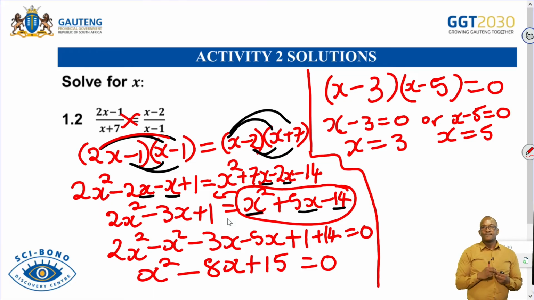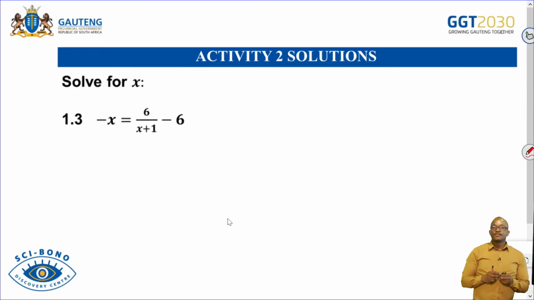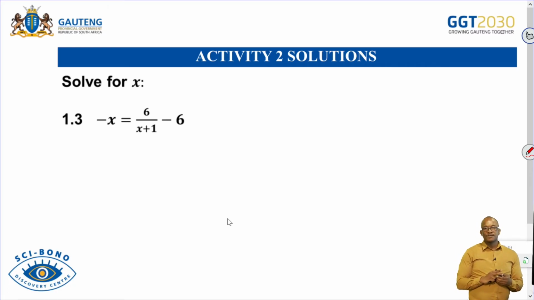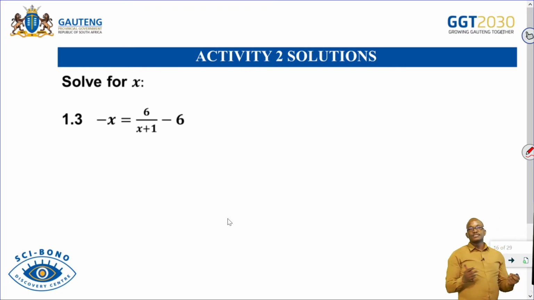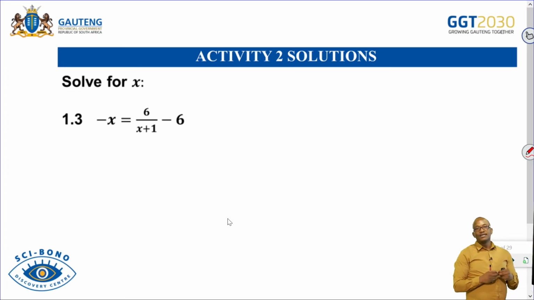Very easy when you're dealing with fractions, but you need to know how to get rid of your denominators. Looking into the third one, here we have negative x is equal to 6 all over x plus 1 minus 6. So you can see that we need to get rid of our denominator. And getting rid of the denominator is multiplying throughout by what is in the denominator.